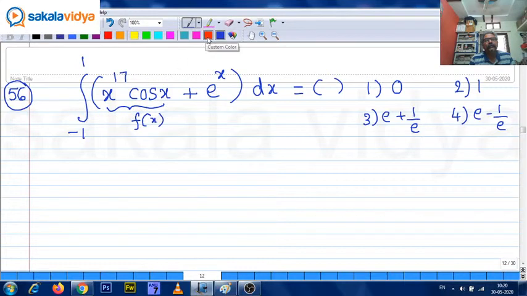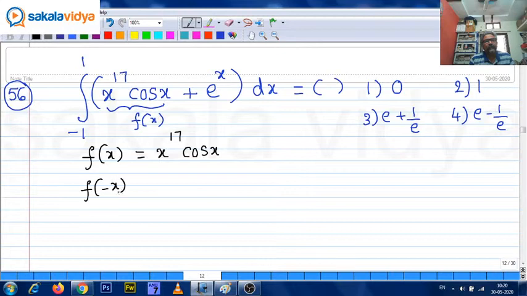f of x equals x to the power of 17 and cos x. So f of minus x is equal to minus x to the power of 17 cos of minus x. Cos of minus x is plus cos x.